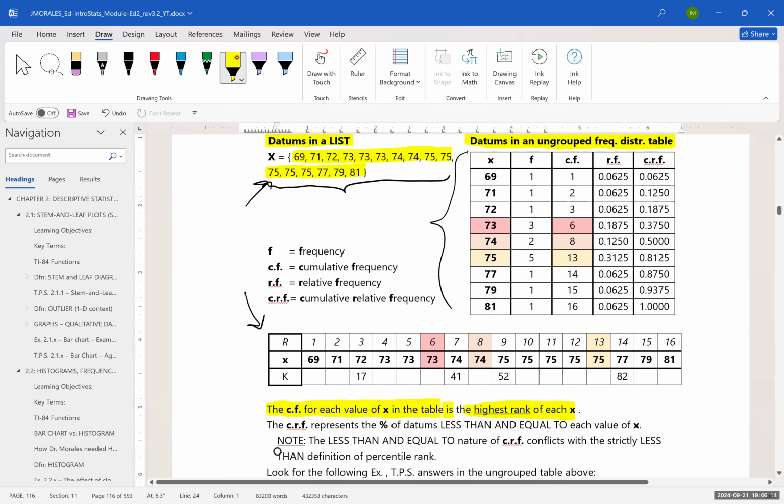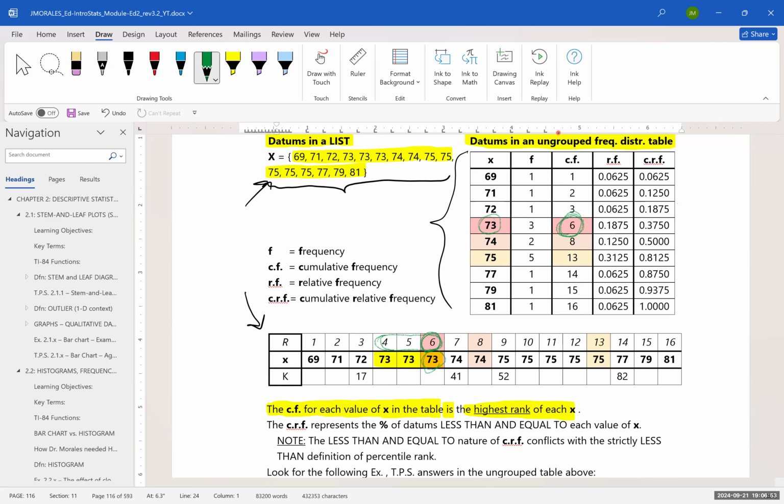To make that point, we'll look at this value of x, which is 73, and look at the rank for 73. The rank could be a 4, could be a 5, or could be a 6, right? But notice over here in the ungrouped frequency distribution table, under 73, we have a cumulative frequency of 6. So this value of 6 coincides with the highest rank of 73.